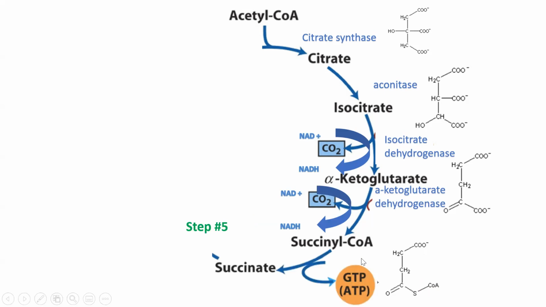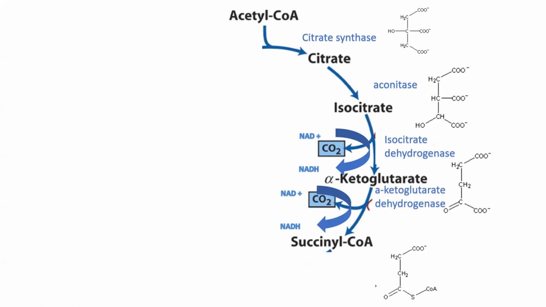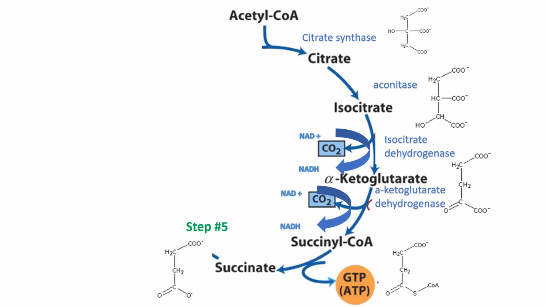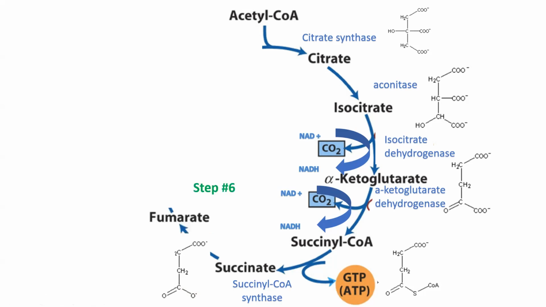The conversion of succinyl-CoA to succinate is going to release GTP, which ultimately converts to ATP. As you can see, we remove the CoA from succinyl-CoA to become succinate. And we use this enzyme succinyl-CoA synthase because we're making succinate. From there, we're going to make fumarate.